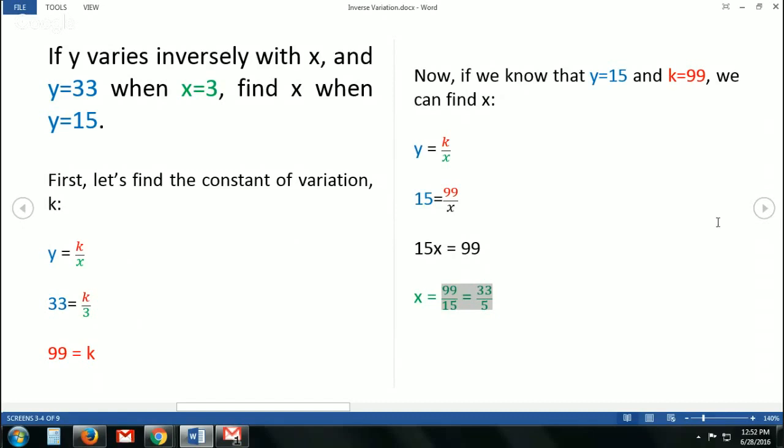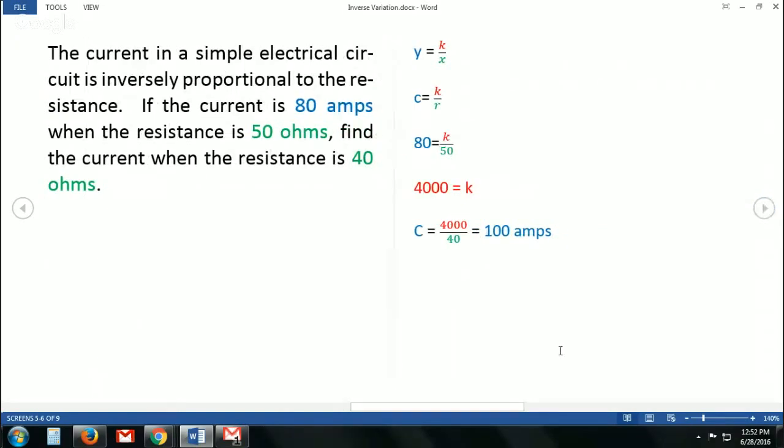Now, frequently we'll have word problems that involve inverse variation. Let's look at an example of that. The current in an electrical circuit is inversely proportional to the resistance. If the current is 80 amps when the resistance is 50 ohms, find the current when the resistance is 40 ohms.